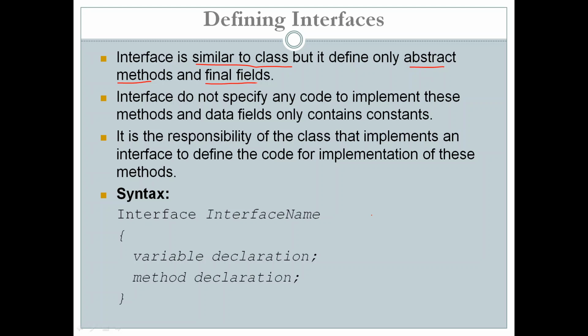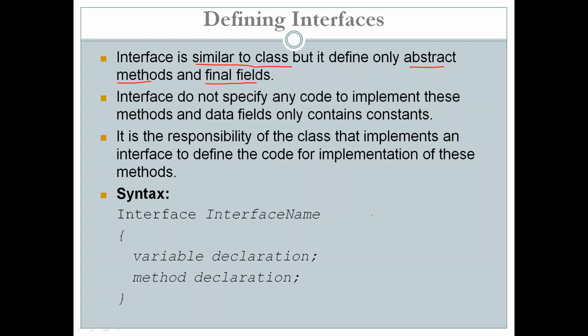Okay. There are some exceptions to this. As per the new version of Java, that is 1.8, there are some updates which have been included in Java. As per 1.8, the interface may also contain a method which may include some implementation, but that method has to be a default method.